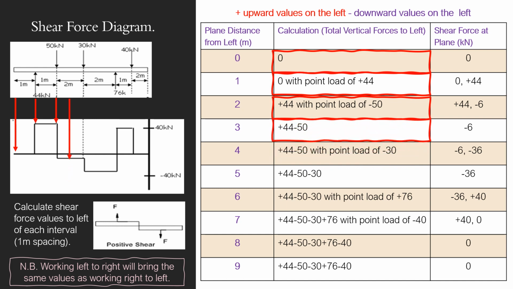Then I move on to the 3rd meter in, and I look to the left and I've got plus 44 minus 50, so I've just got a shearing force of minus 6 at that point. Then meter 4, you just keep going, and don't forget, whenever you've got a point load, you have to add just before the point load and just after the point load.